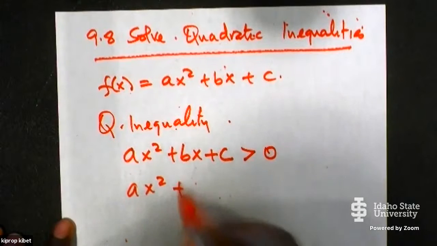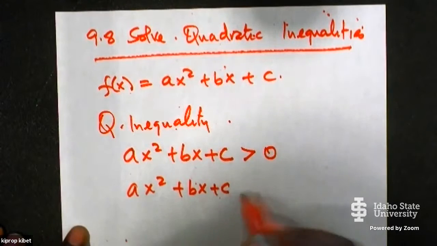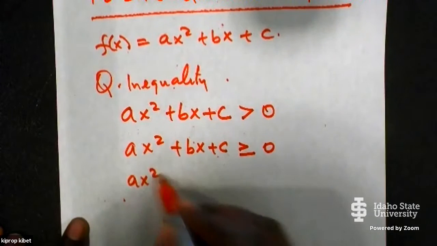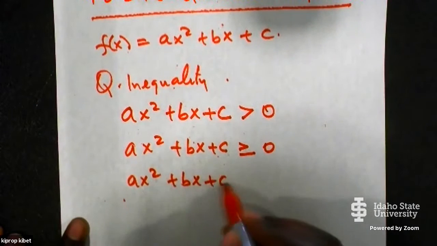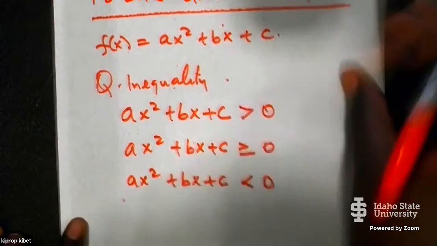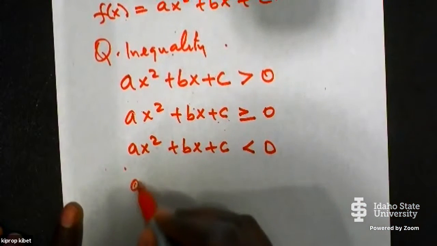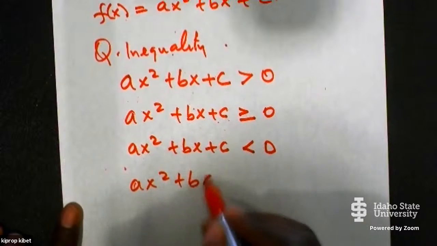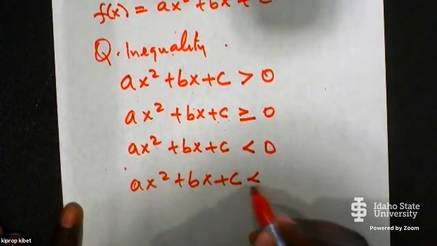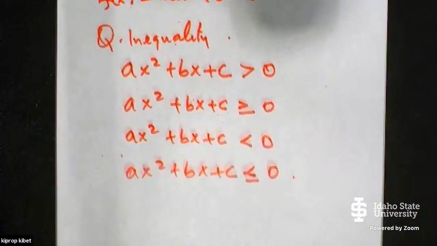Ax squared plus bx plus c is greater or equal to 0. Ax squared plus bx plus c is less than 0. Or ax squared plus bx plus c is less or equal to 0.